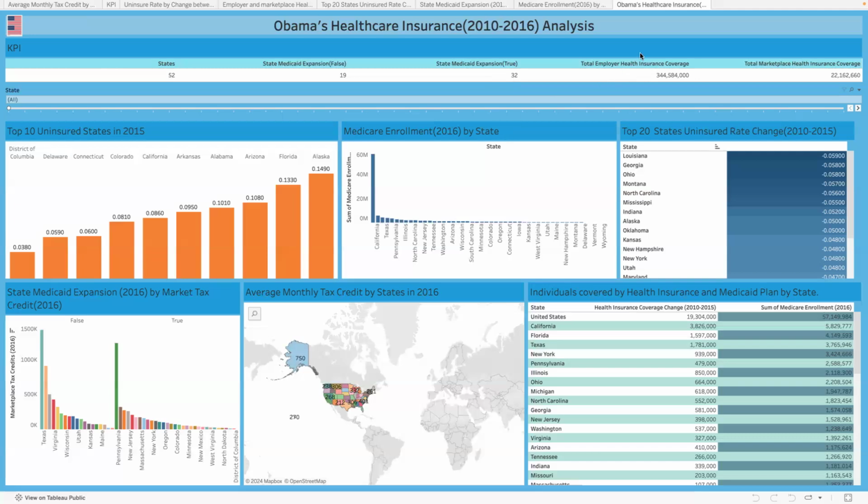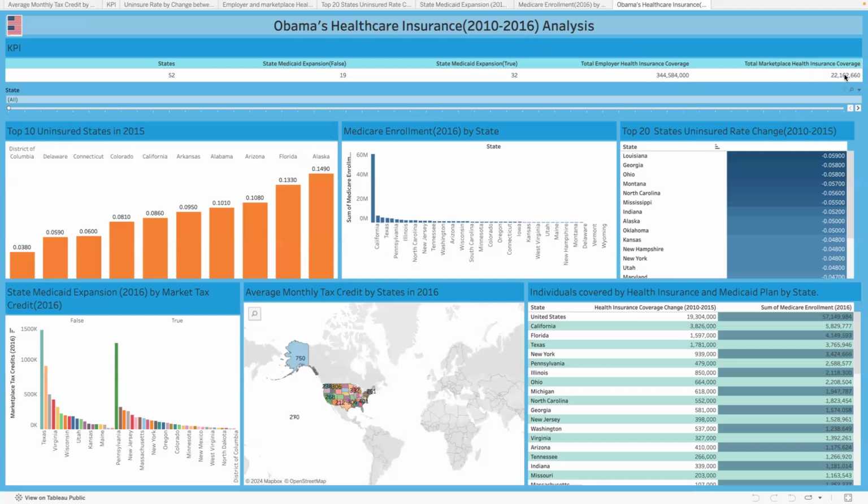So the ACA imposed the employer mandate, that businesses with 50 or more employees should offer affordable health insurance or face a penalty, while the Medicaid expansion targeted low-income individuals. So this is the total coverage of employees covered between 2010 and 2016.